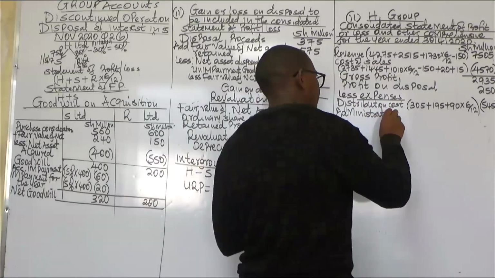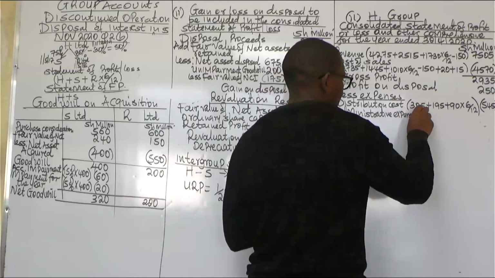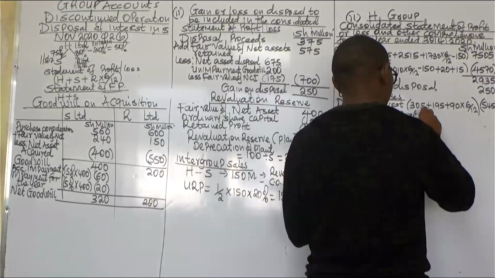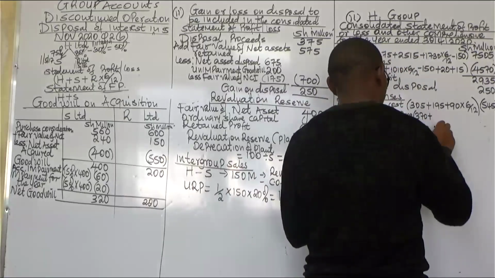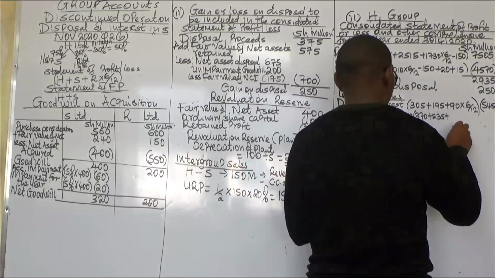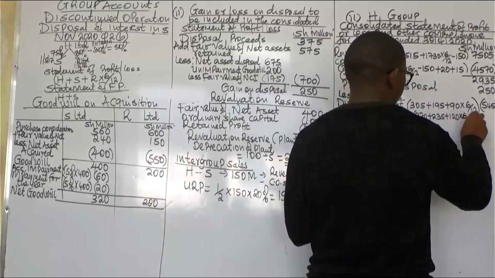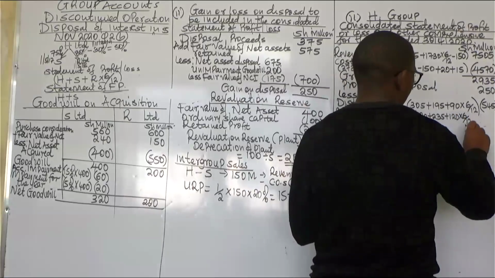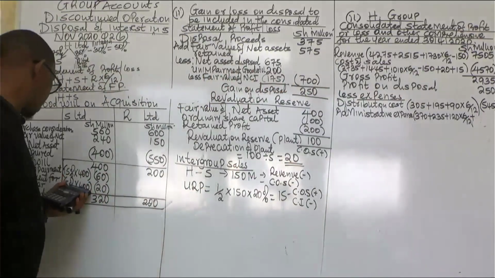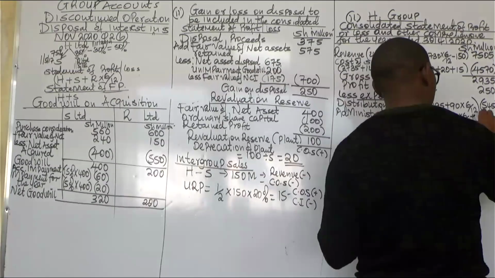Continue. Administrative expenses. Administrative expenses, there we had this is 370 plus the other one is 235 plus this other one is 120, times 6/12. I will also add the impairment for the year, which was 20.